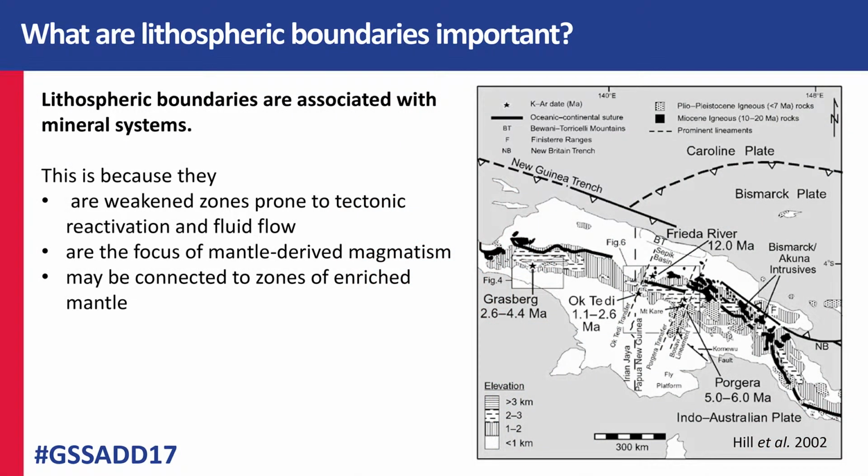We know they're important because big structures are prone to tectonic reworking and fluid flow. They're easy places for mantle magmas to ascend, and they can often connect to enriched zones in the mantle.